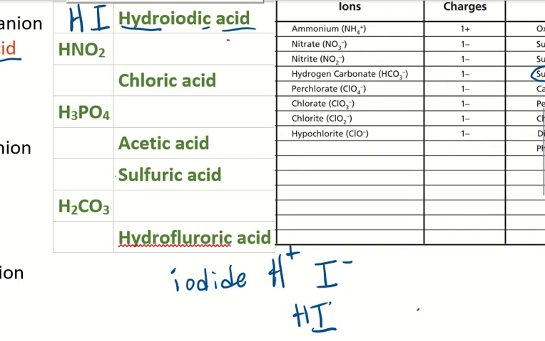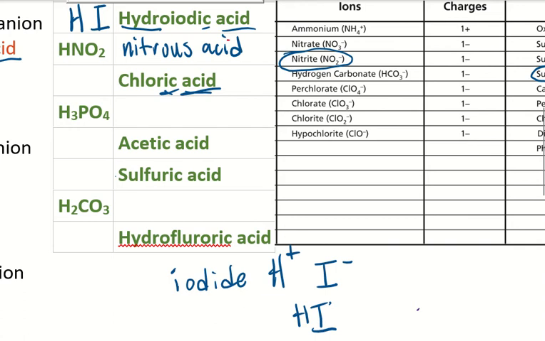What's NO2? Nitrite. So ite, nitrite, what are we changing ite to? OUS, so we have nitrous acid. Chloric acid. Where does ic acid come from?